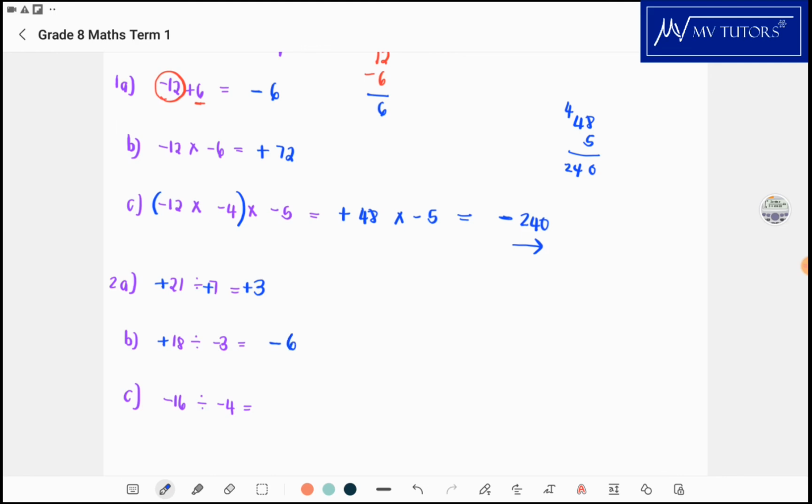Okay, now negative divided by negative, that is a positive. Okay, and then 16 divided by 4, that is simply 4. So normally we don't really put the positive there, we just write the answer as it is. But when it comes to negative, you definitely have to put it there. Okay, and I think that marks the end of the exercises.